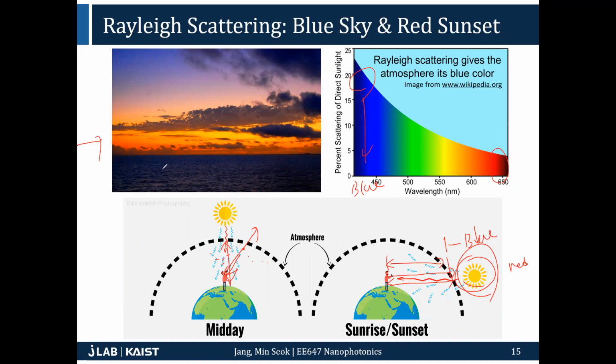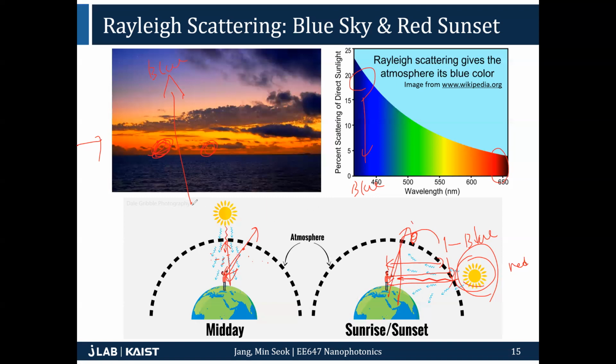And if you look at this case, probably the sun is somewhere around here, right? If you look above, at this part of the sky, what you will mostly see is the scattered light, right? So it's still blue here.